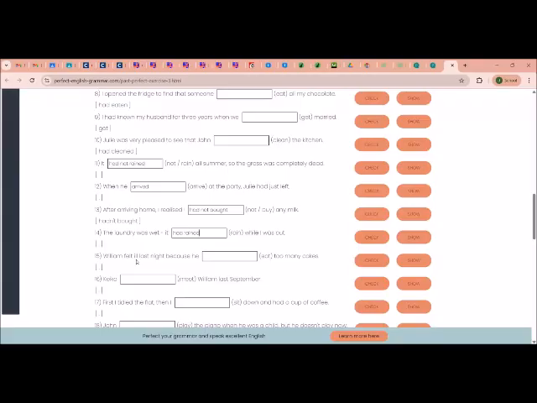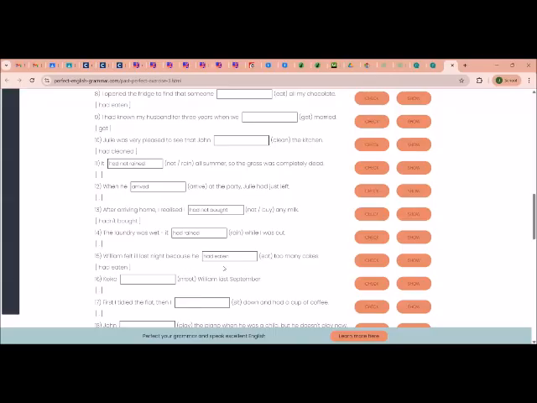William felt ill last night because he had eaten too many cakes. All right. Be careful. Eat is irregular. It's eat, ate, eaten. He had eaten too many cakes. Greedy guy. Again, William felt ill last night because he had eaten too many cakes. Excellent. All right, drop your example as well.